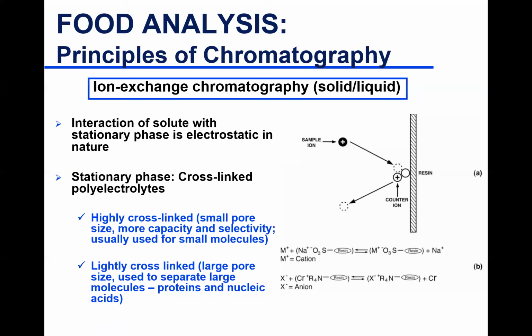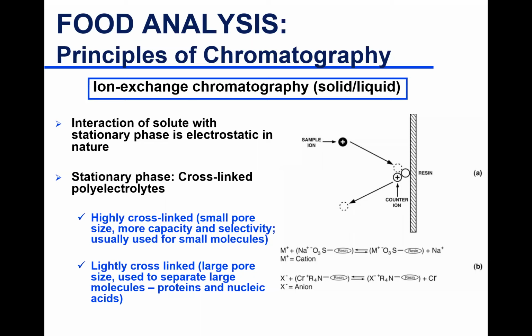That means you have more functional groups that can be conjugated on the resin, and when you have more functional groups, you can have more capacity. That means you can have more components interacting with the column. So you enhance capacity and you enhance selectivity. And we'll talk more about capacity, selectivity, efficiency next lecture on Friday.